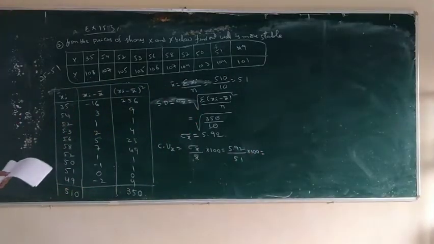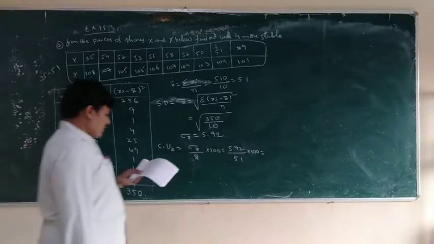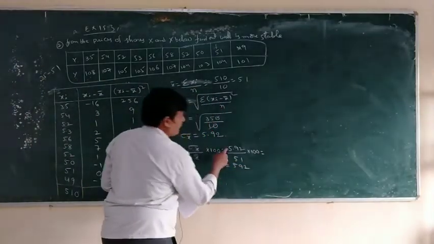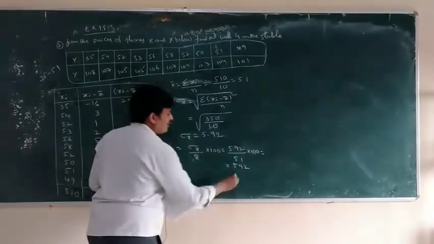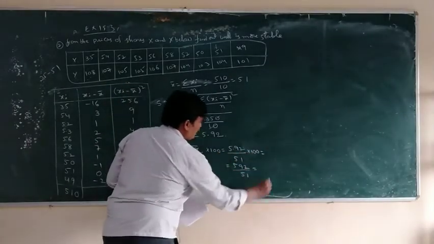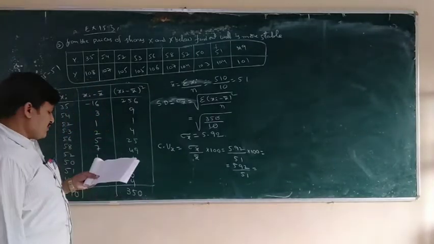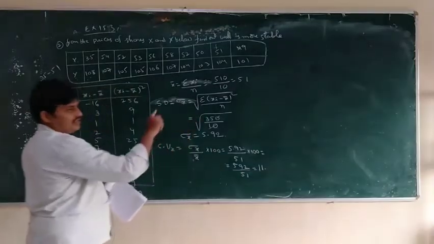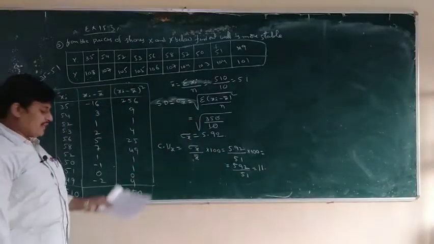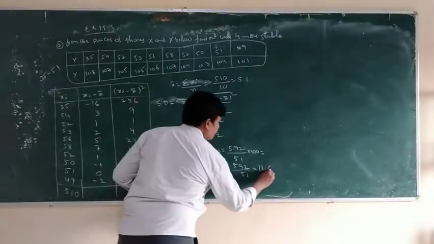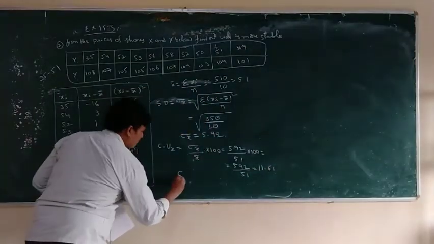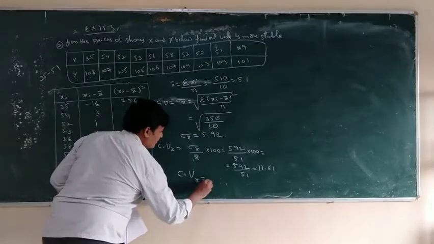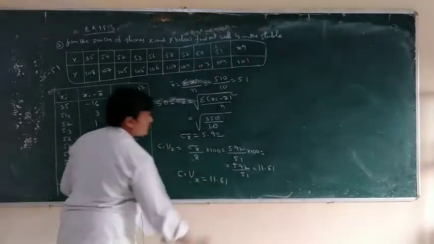That is 592 by 51. We have to divide 592 by 51, which is 11.61. So the coefficient of variance of x is 11.61.